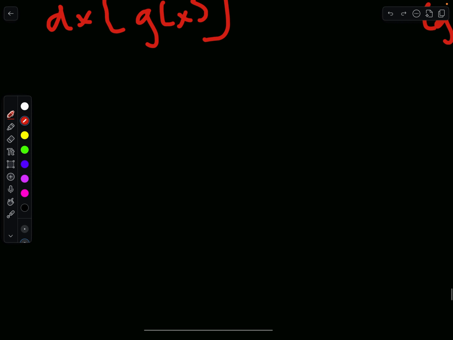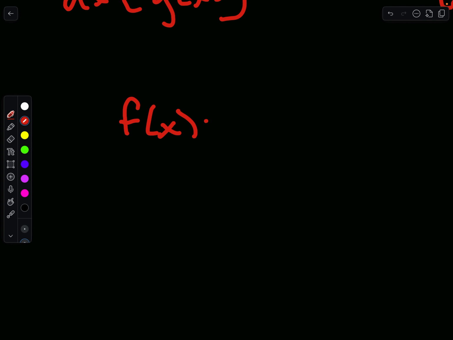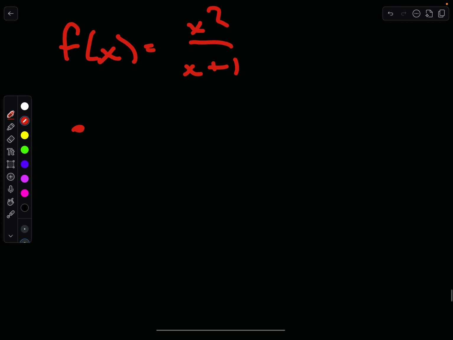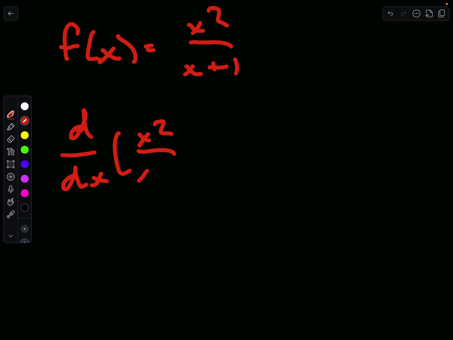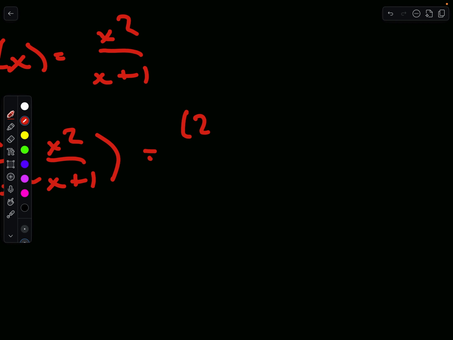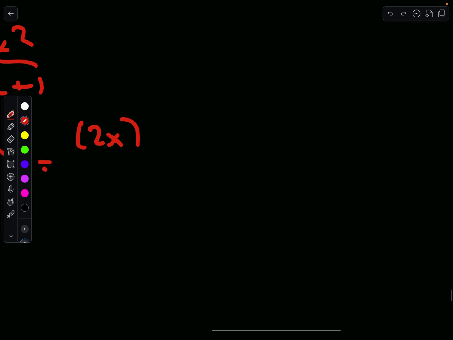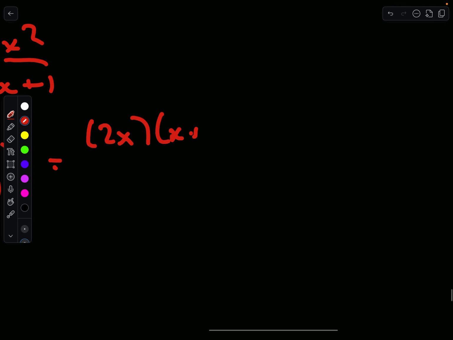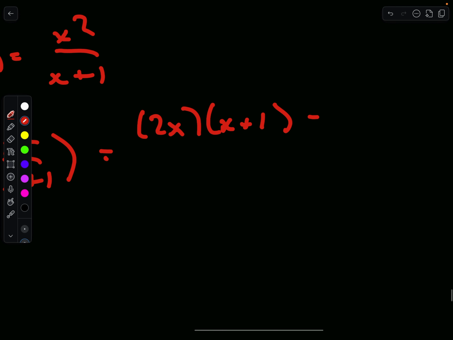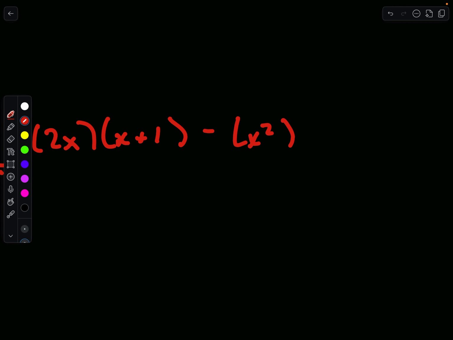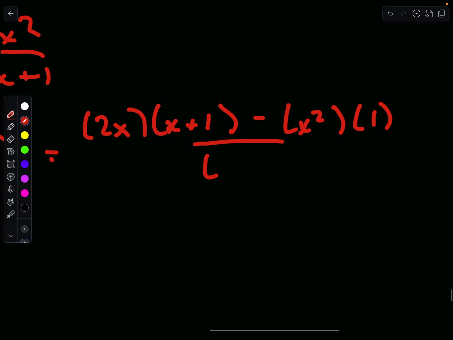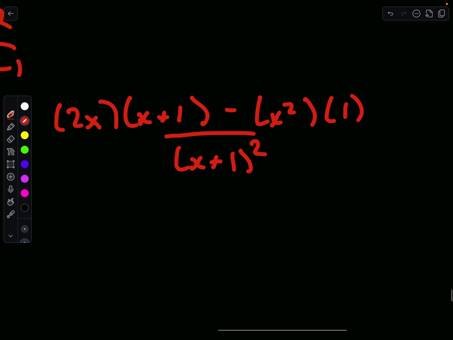If we look at an example, f of x equals x squared over x plus 1, then we get d dx of x squared over x plus 1 equals 2x, that's the derivative of this, times x plus 1 minus x squared times 1, all over x plus 1 squared.